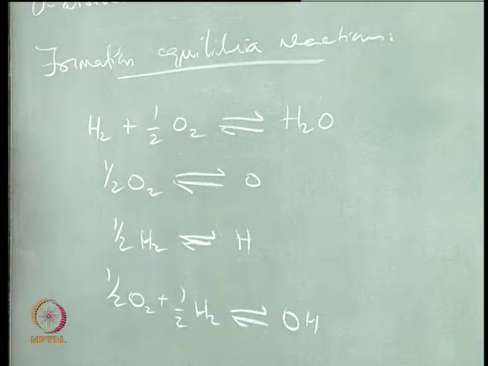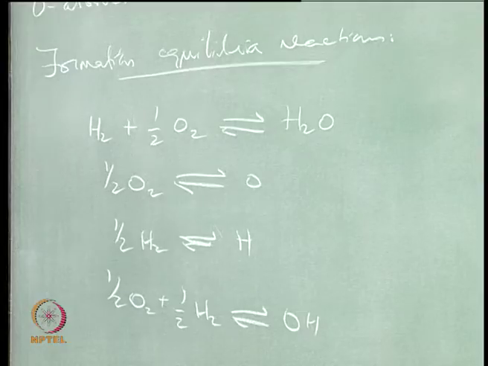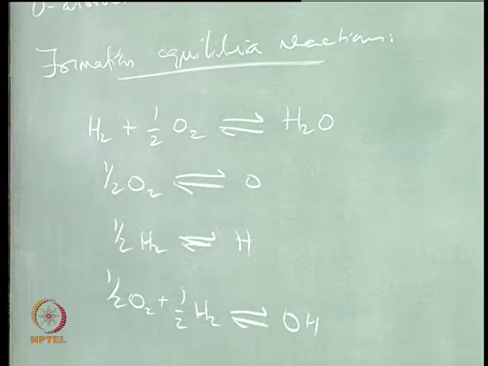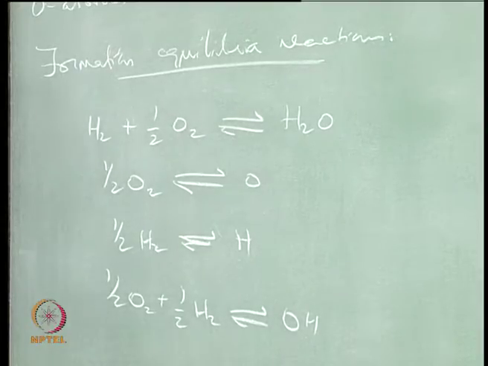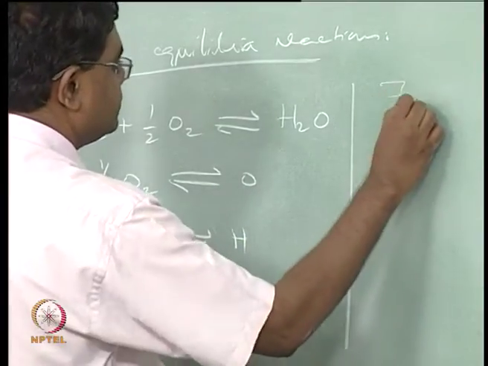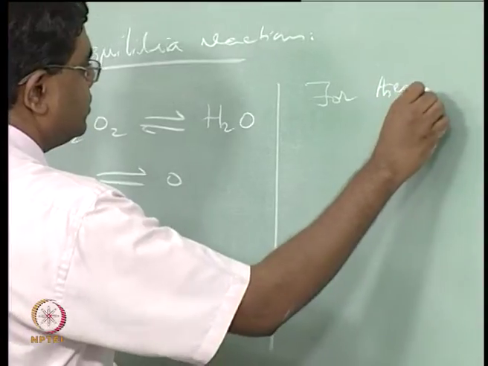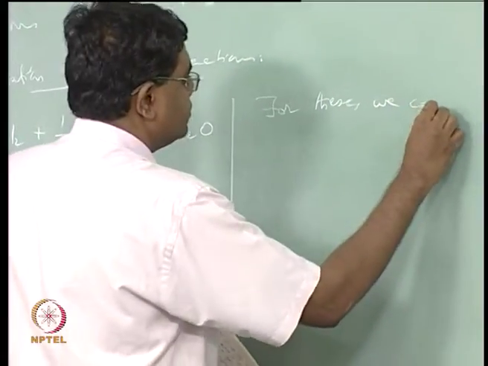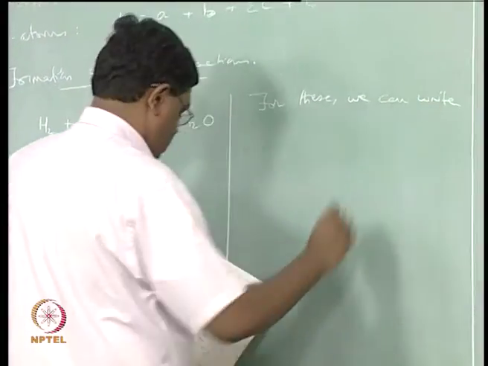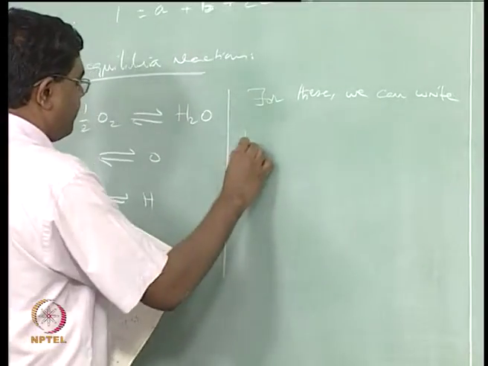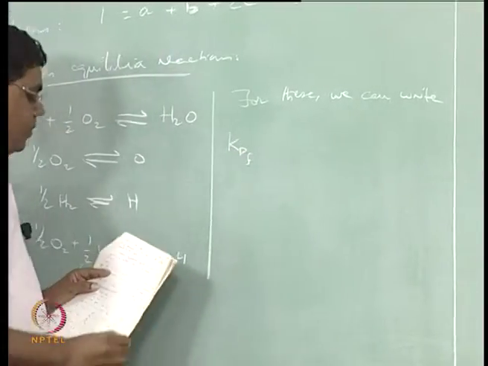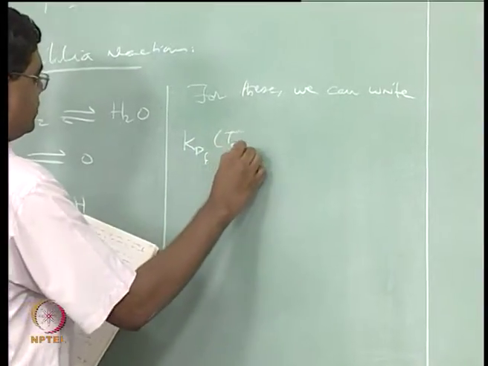So with this, what can we write? We are assuming equilibria, therefore we can write equilibrium equations. So for these we can write KPF at T adiabatic.